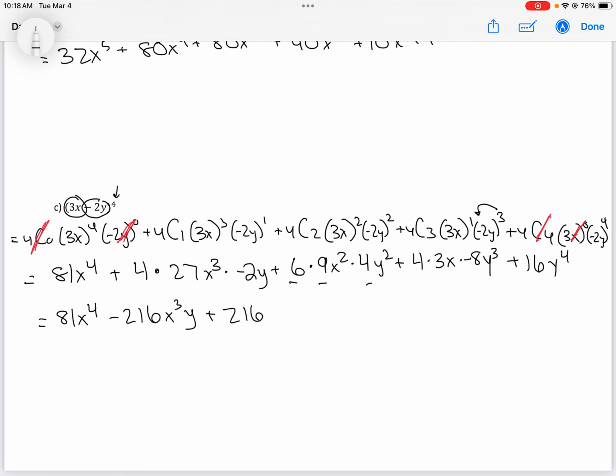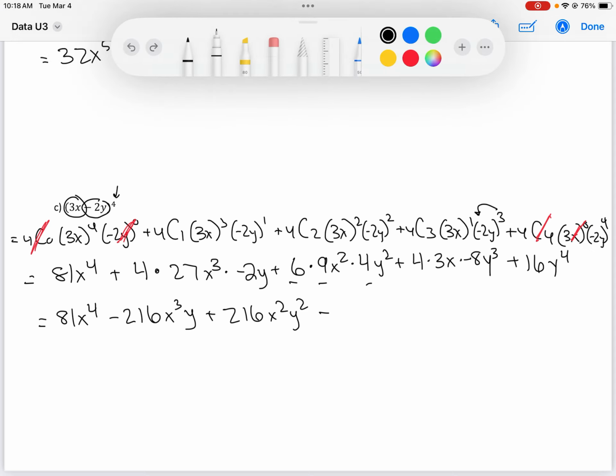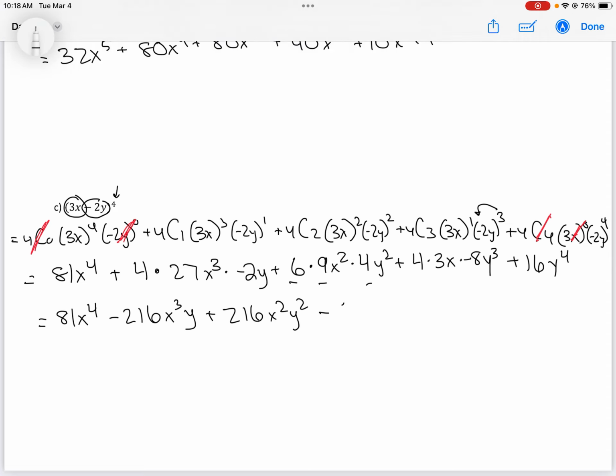And then we have an x squared and a y squared. And then we have 4 times 3 times negative 8. I get negative 96. And I have x y cubed, and the last term is already done. 16y to the 4.